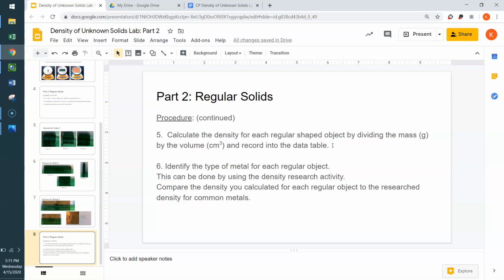And just like in part 1, you're going to identify the metal for each of those regular objects by comparing the density that you calculated with the densities that you researched for common metals. Once you've done that, you should be able to now compare part 1 and 2 densities and see if any of these 6 objects might be made of the same metal.